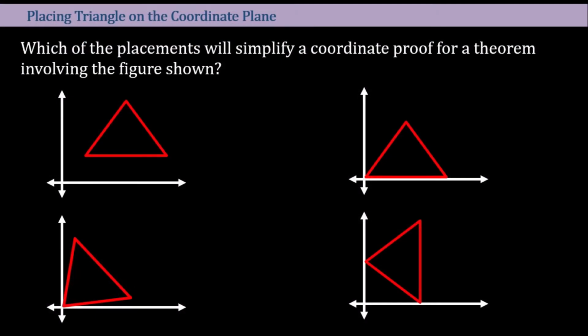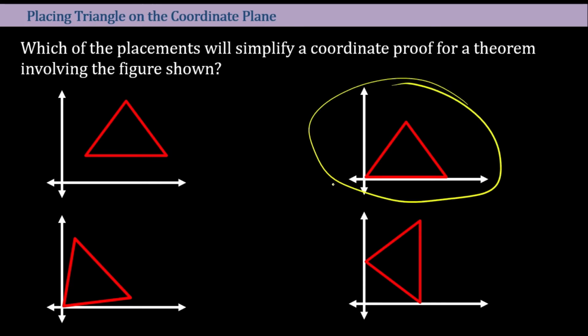Now I have the following figures here of placing a triangle in a coordinate plane, most specifically in the first quadrant. Now I would like to ask you which of the following illustrations will make our coordinate proofs the simplest. Okay, if you choose this one, then you're right.